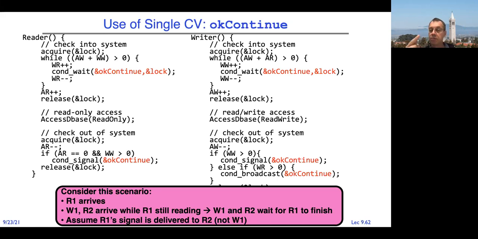Now assume it just happens that I wake up the reader. The reader is going to check, and there are waiting writers, and it's going to go immediately to sleep. But now this signal was spent. The writer cannot continue, it's asleep. The reader is asleep. And if there is no other thread coming in, we are deadlocked.